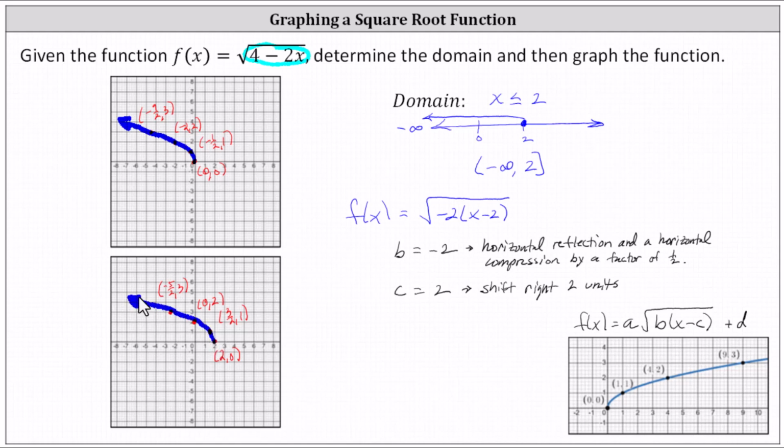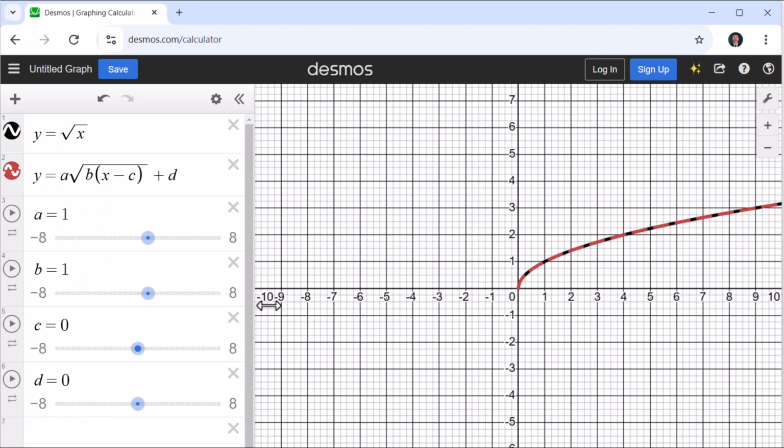Before we go, let's verify this using Desmos. Right now we have the graph of the basic square root function, and now let's change b to negative 2. Notice we have the basic square root function with a horizontal reflection as well as a horizontal compression by a factor of 1/2.